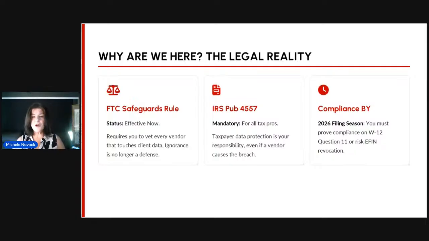And we're here to help you today to understand that, right? Even the IRS, for all tax professionals, now requires that you have a WISP, or a written information security plan. That goes hand in hand, and we're going to talk a little bit more about that today.